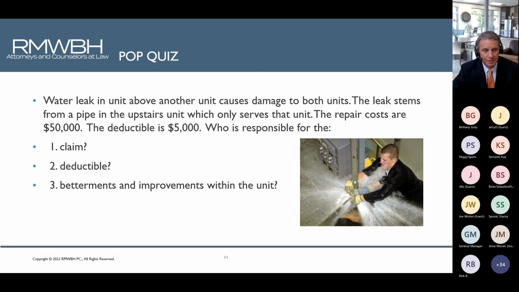Ultimately, most likely the owner will be. They can go back and get it. Betterments and improvements within the unit are going to be on the unit owner. So you've got to look at whether the association has a policy regarding the deductible, or you can pass that resolution and get it recorded and make the owner responsible for the deductible in that event.